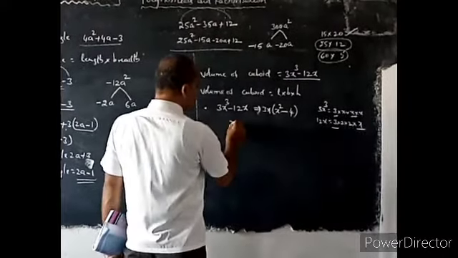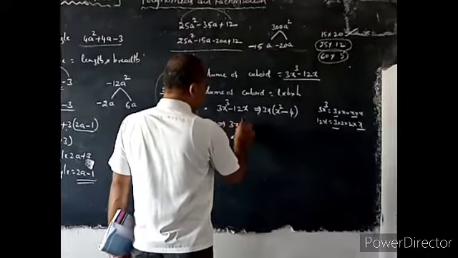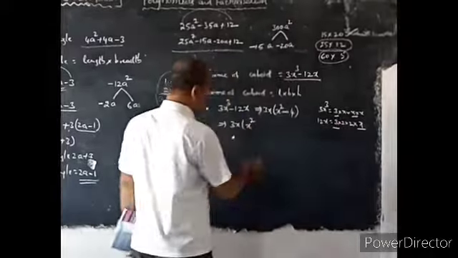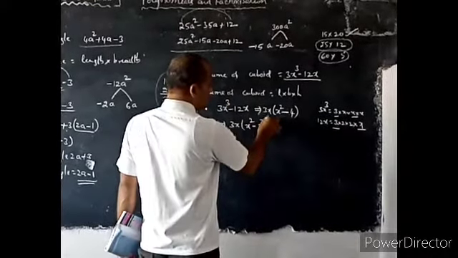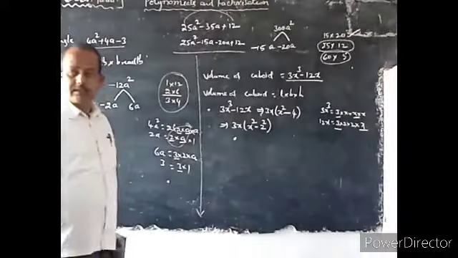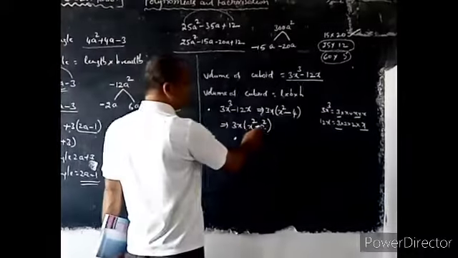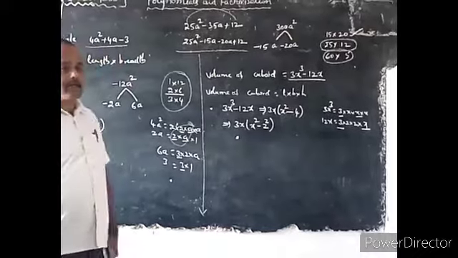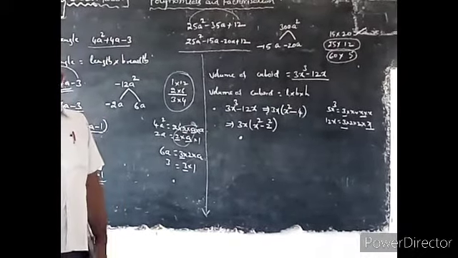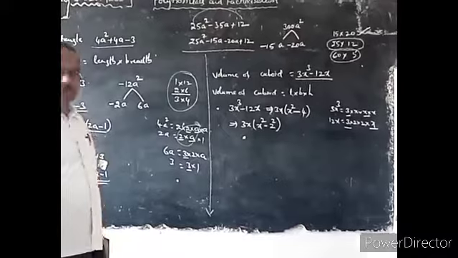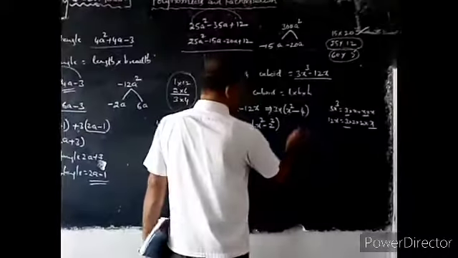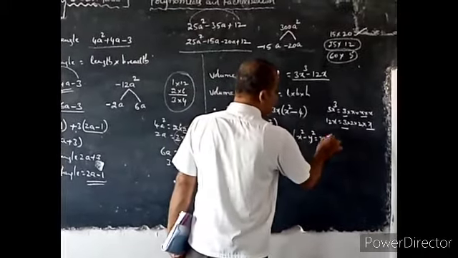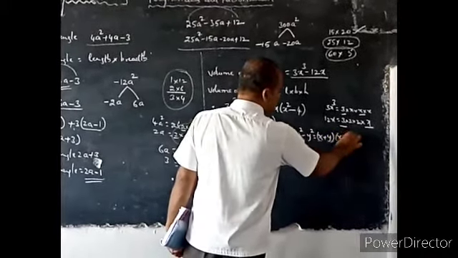Now 3x into x square minus 4 can be written as 2 into 2 means 2 square. Minus 2 square. Now it is in the form of the x square minus y square identity. What is the x square minus y square identity? x square minus y square is equal to x plus y into x minus y.